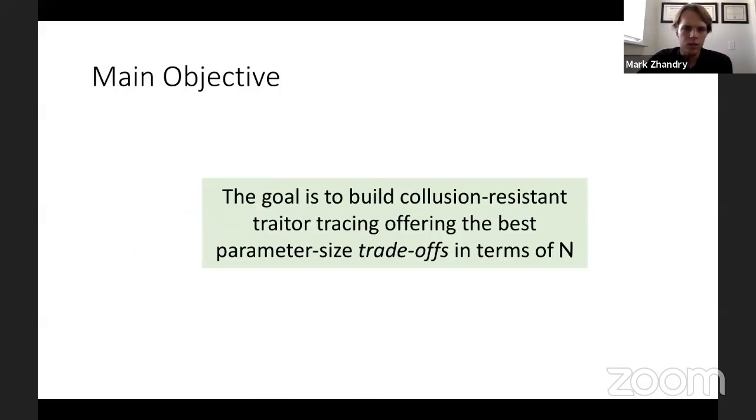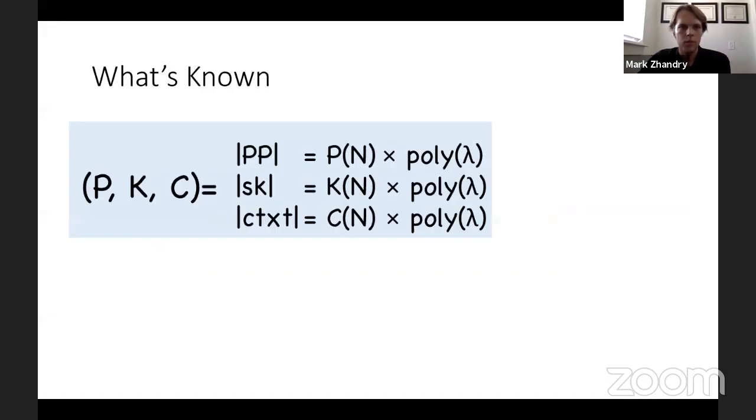The main objective in traitor tracing has been to achieve traitor tracing with the best possible parameter sizes in terms of the number of users. So the relevant parameter sizes are the public key size, the secret key size, and the ciphertext size.